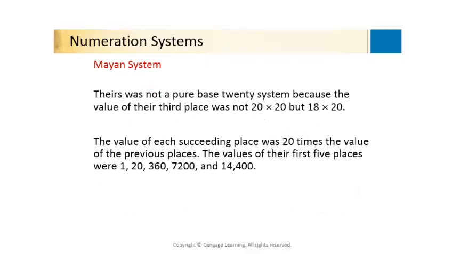Now to make it just a little more complex, what they didn't do was just plain old base 20. What they did was their first 5 places represented first a 1, then a 20, 360, 7,200, and 14,400. So let's see what they do with that.